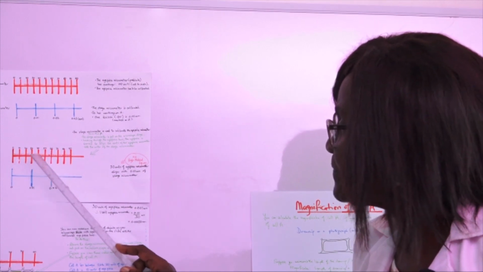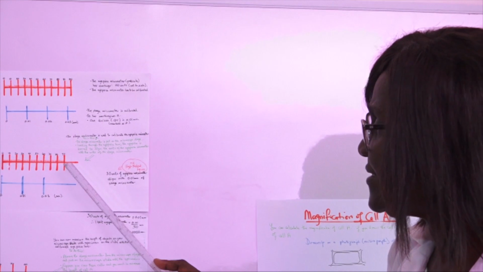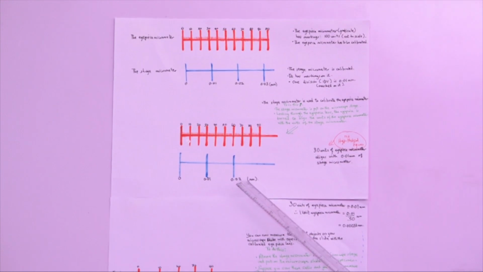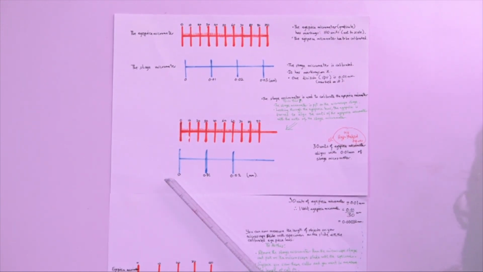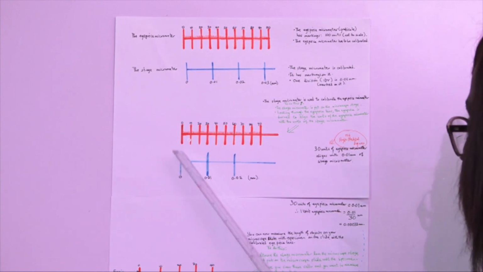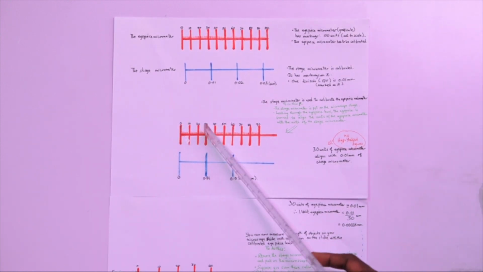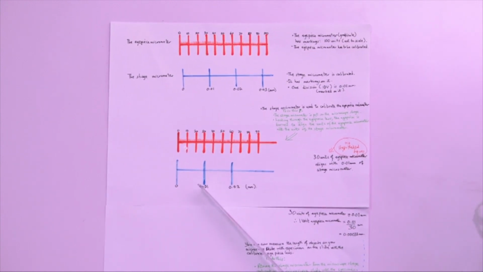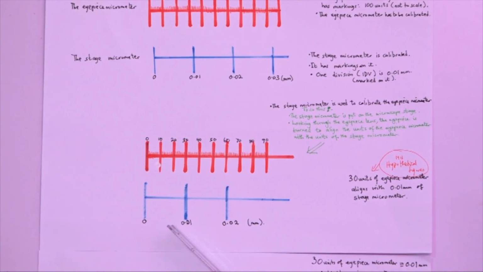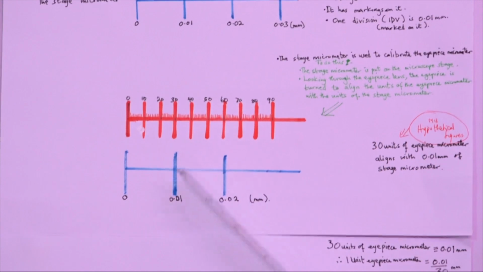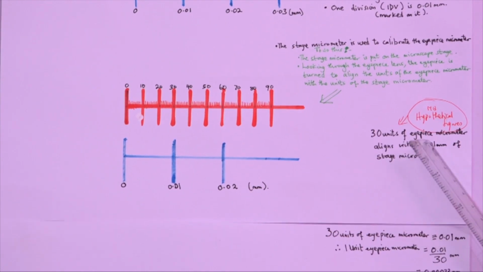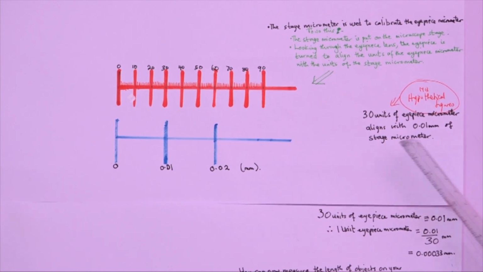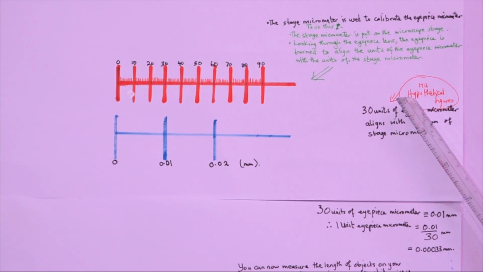So here are the eyepiece units aligned with the stage micrometer divisions. When aligned, you can see that 30 units of the eyepiece align with 0.01 millimeter of the stage micrometer. These are hypothetical figures.